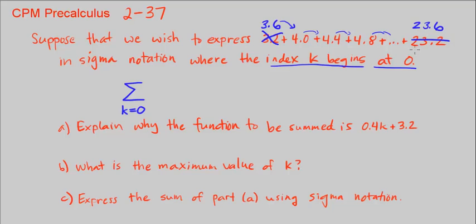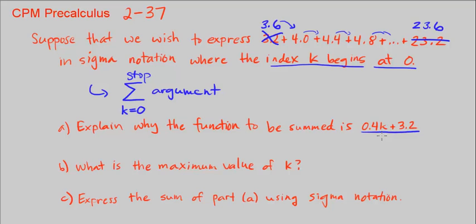All right, so let's go ahead and we want to start here, right? We want the start to be at 0. We're going to stop somewhere, and we want some function or expression or argument right here. First of all, in part A, they're asking us to explain why the function to be summed is 0.4k plus 3.2.